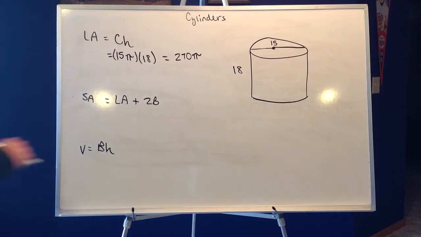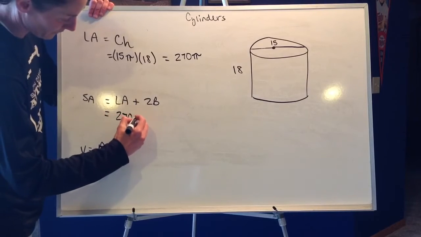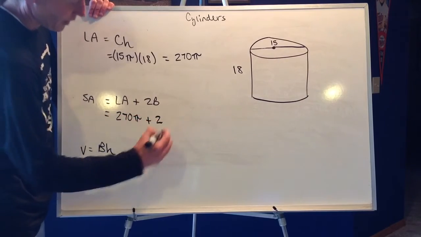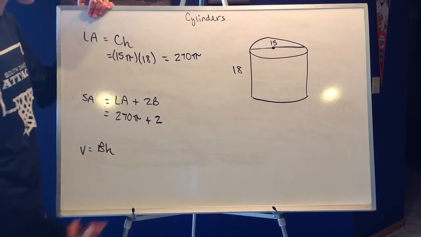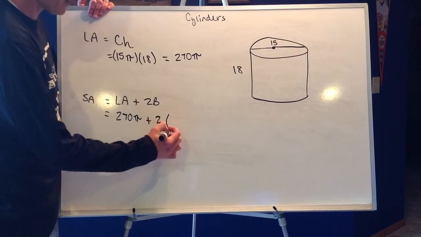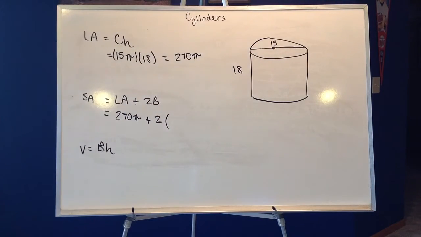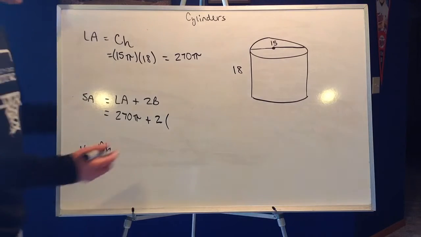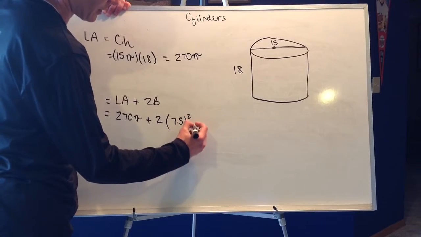For the surface area, we'll just take the 270 down here. Now, area of our base is a circle, so it's pi r squared. In this case 15 is the diameter, so 7.5 would be the radius. If you want to just use it as 7.5 initially here, you can, and then we'll change it to a fraction at the end.